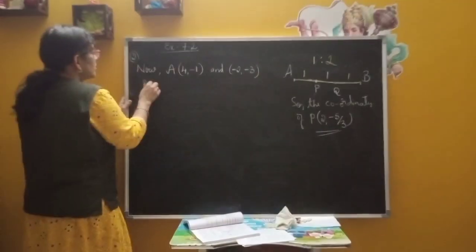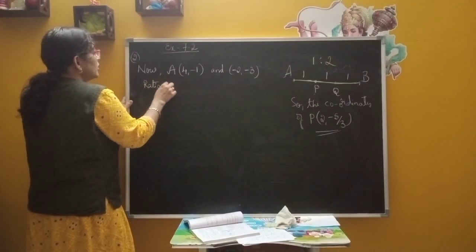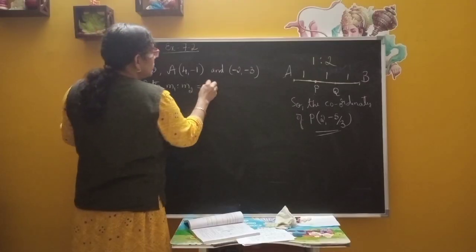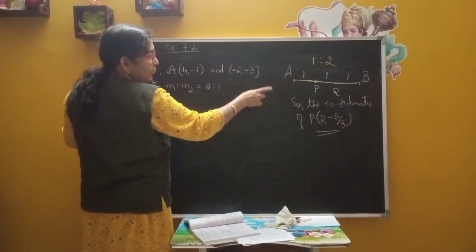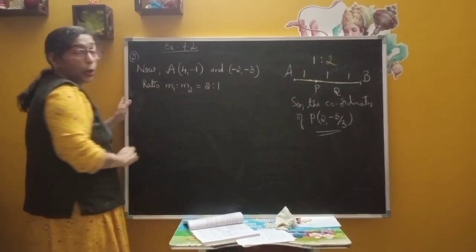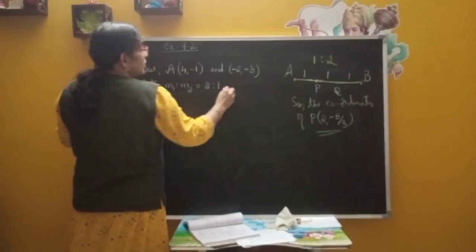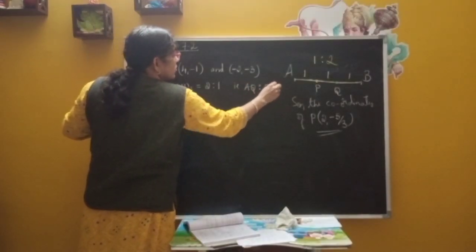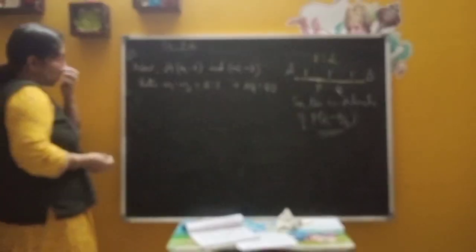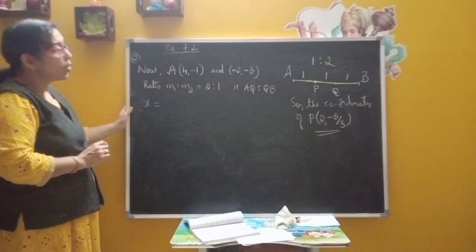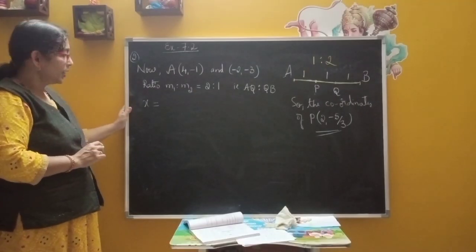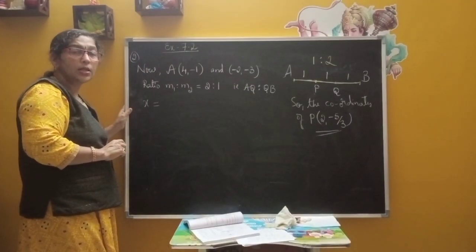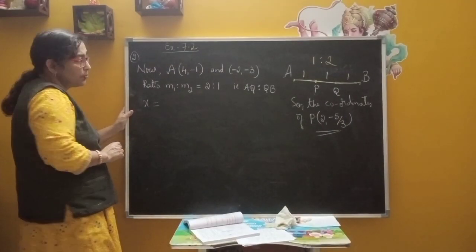So the ratio M1 is to M2 is 2 is to 1, that is AQ is to QB. Okay, now let us consider the coordinates of the point Q as (x, y). So x is equal to (m1 x2 plus m2 x1) divided by (m1 plus m2).